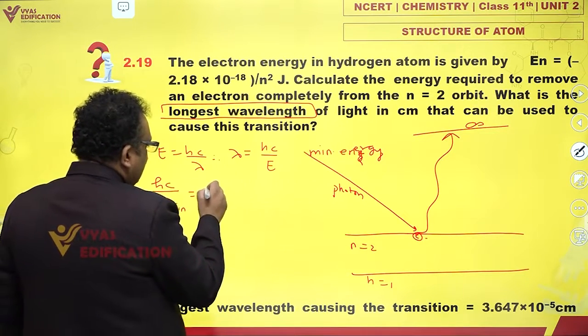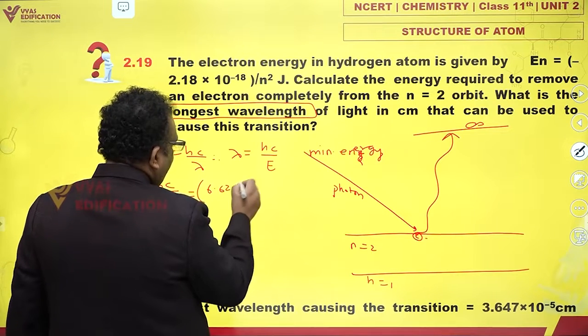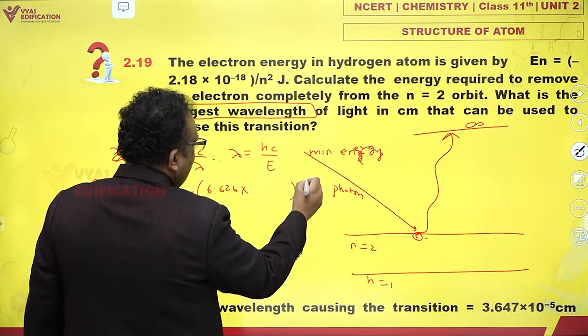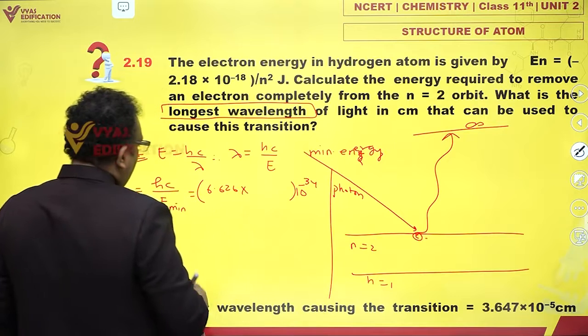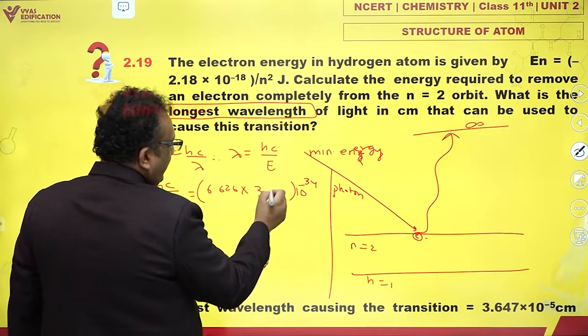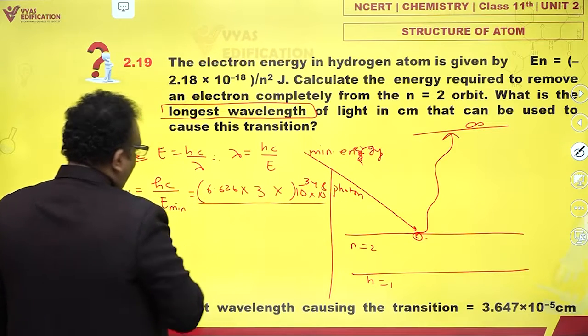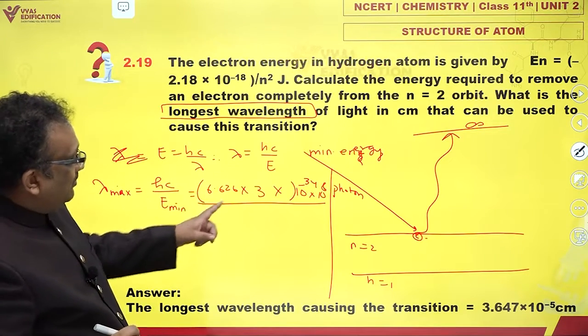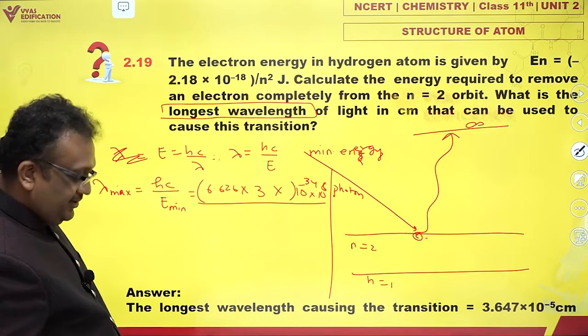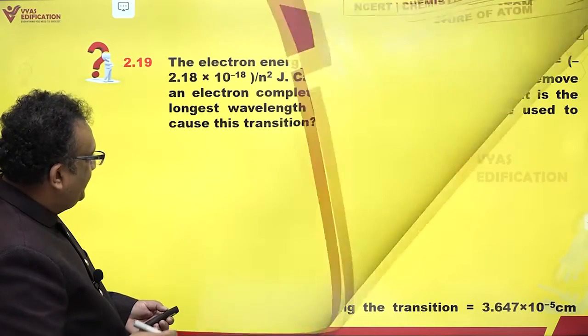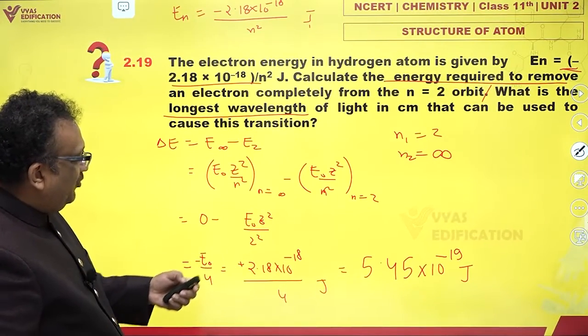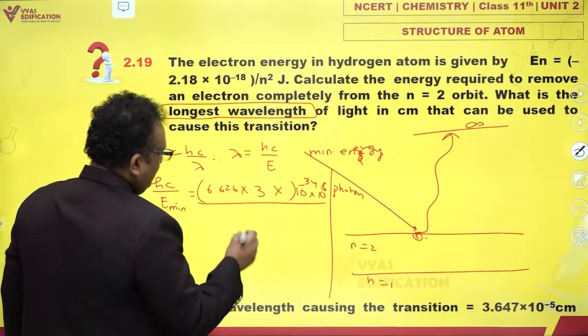How much is h? 6.626 into 10 raised to minus 34. What is c? c is 3 into 10 raised to 8. By the minimum energy, which we calculated there, 5.45 into 10 raised to minus 19 joules.